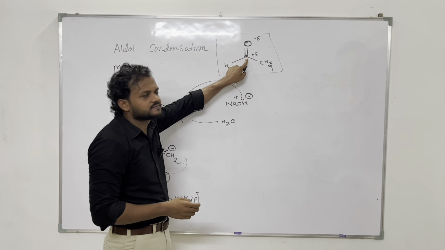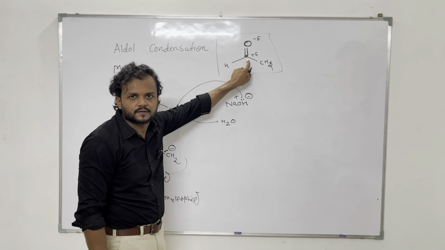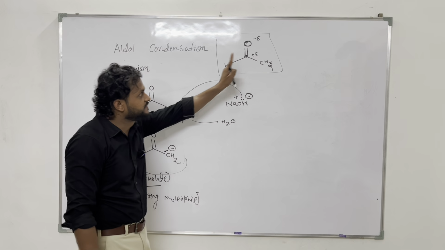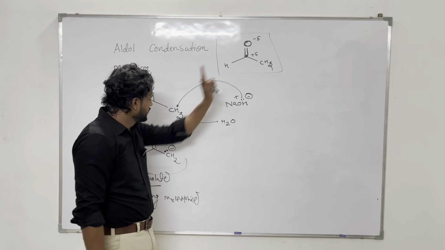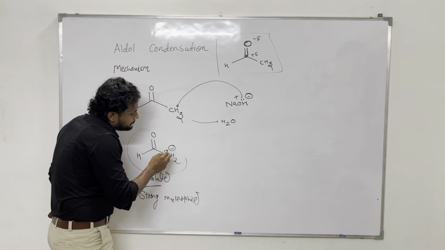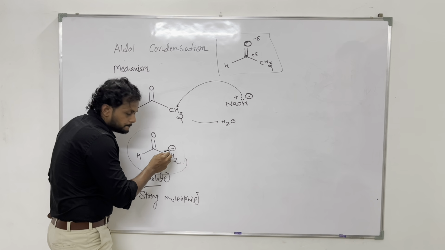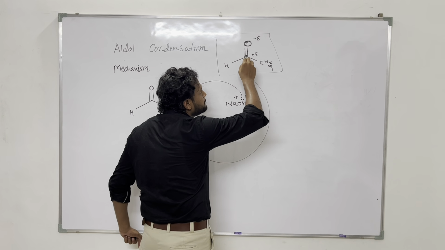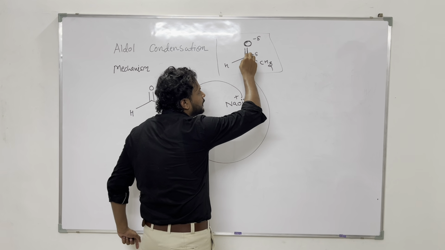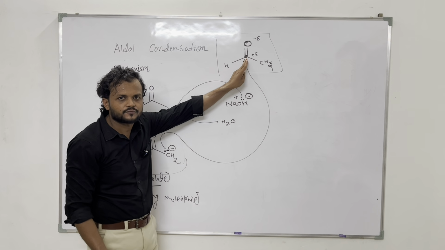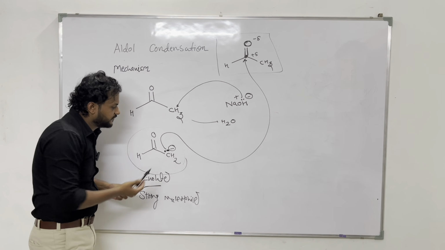This carbon is electrophilic, and this is the nucleophile, this is the electrophile. So simply this carbon is going to attack the carbonyl carbon. This nucleophile is going to attack this electrophile.